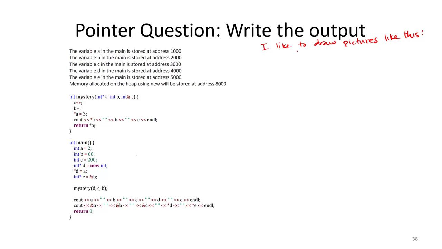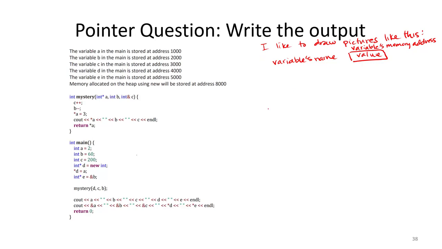So if I have a variable, I would write the variable's name, and then I draw a box. On top of the box, I write the variable's address, or the variable's memory address. And then inside the box, I write the variable's value.